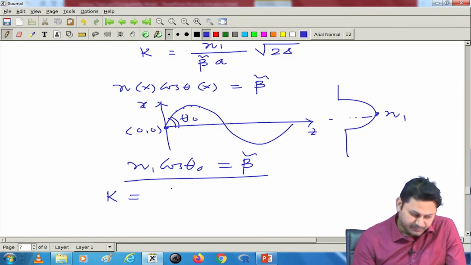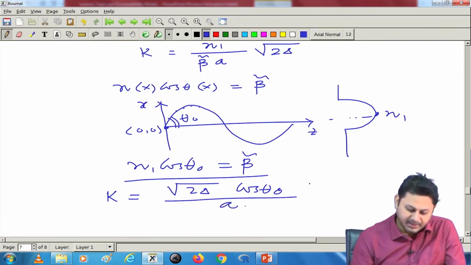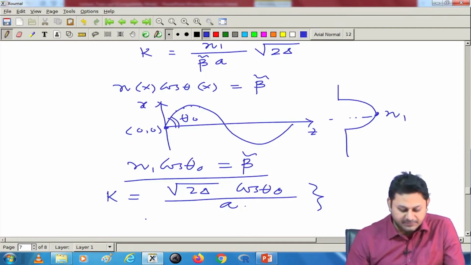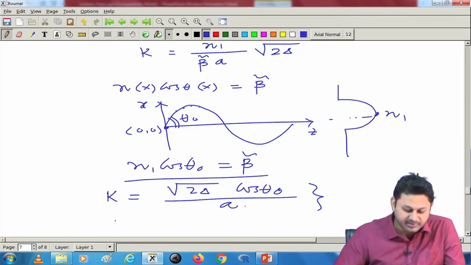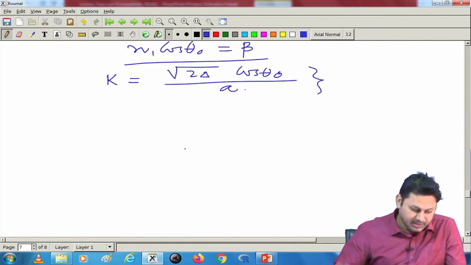So, it should be root over of 2 delta, then cos theta 0 divided by a, that is my k in terms of theta 0, because my goal here is to find everything in terms of theta 0, because theta 0 is an initial angle that is given to me.